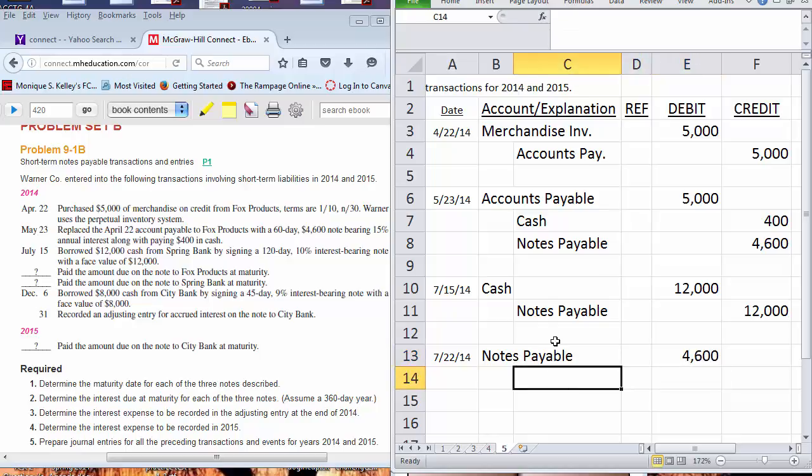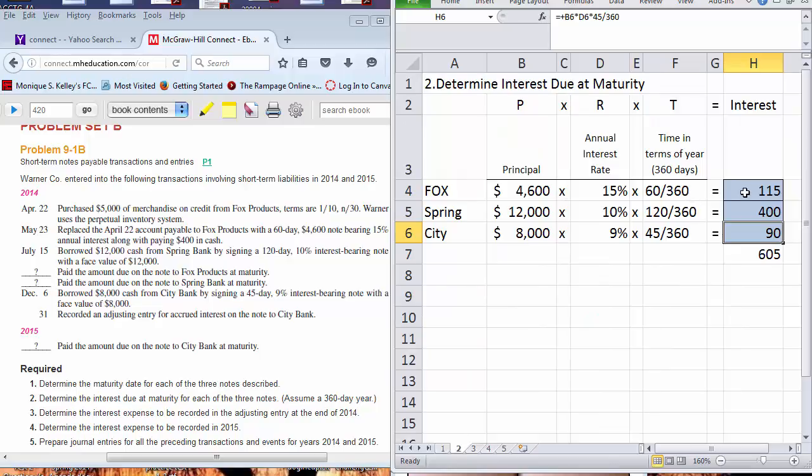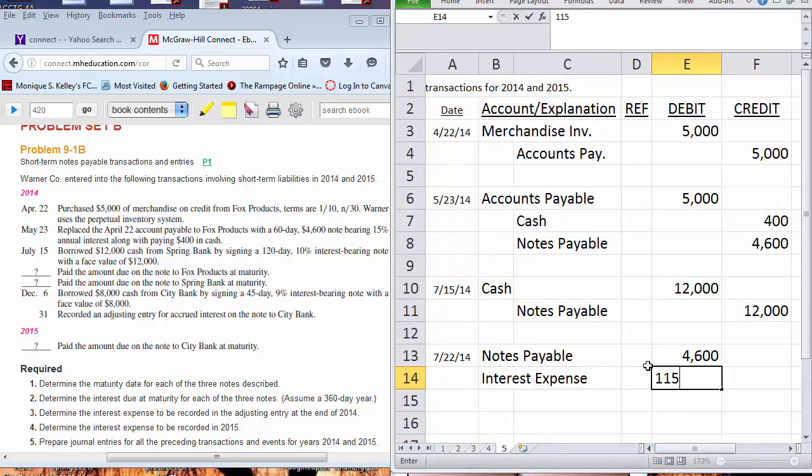Since no previous adjustments were made related to this note, we're going to go ahead and debit interest expense for the full amount of the accrued interest, which would be, go to the second tab, the $115. So $115 here, and then we want to go ahead and cut them a check. So we're going to credit cash, and the total amount should be $4,715.